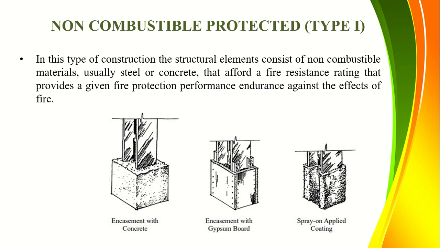These materials will try to resist the fire attacks, or resist the extension of fire. They act as fire protecting agents. Such a building constructed with these materials is called non-combustible protected building, which comes under type 1.